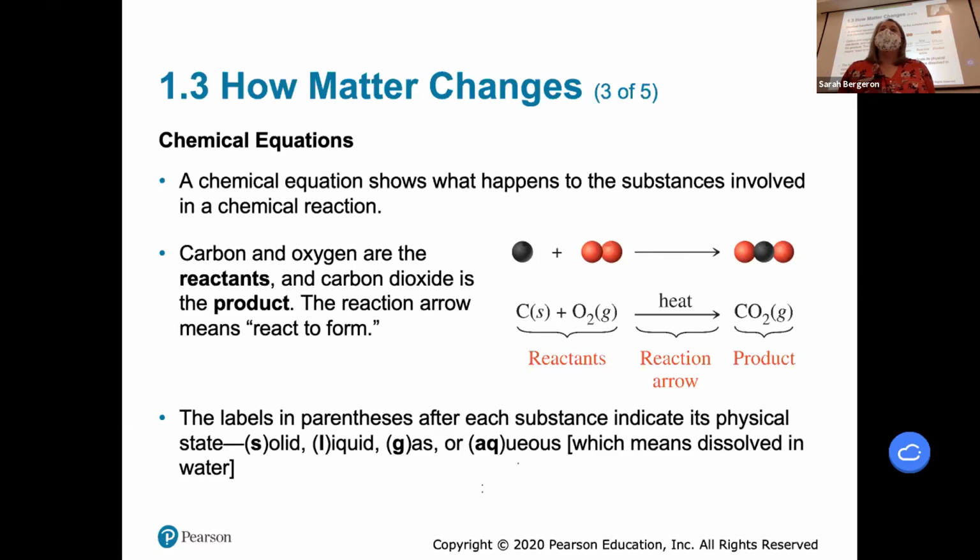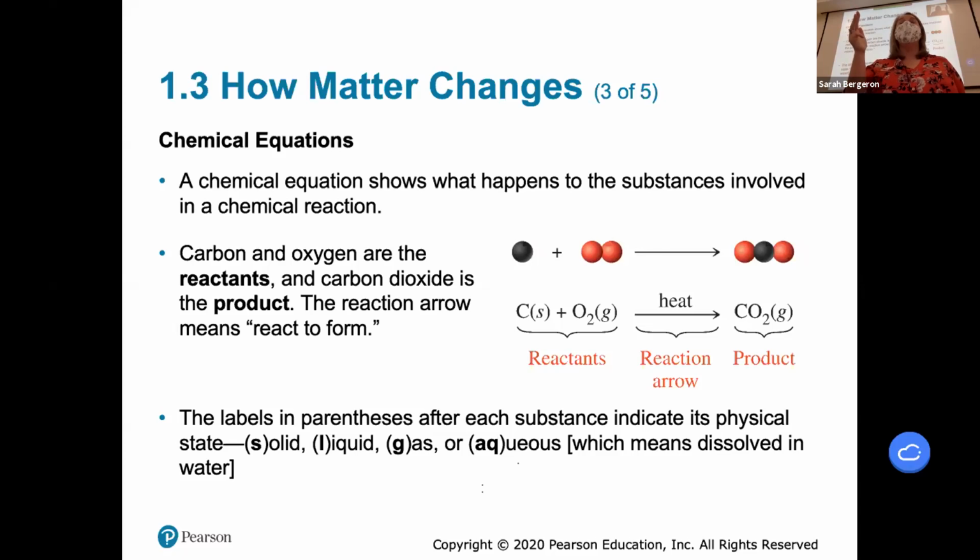And what you're gonna see are little letters behind each of the formulas. And they're telling you what state of matter. So (s) is for solid, (l) is for liquid, (g) is for gas. And I don't know if you've ever seen this before, but (aq) is for aqueous. So if I took NaCl and I put it in water, did the NaCl become a liquid?